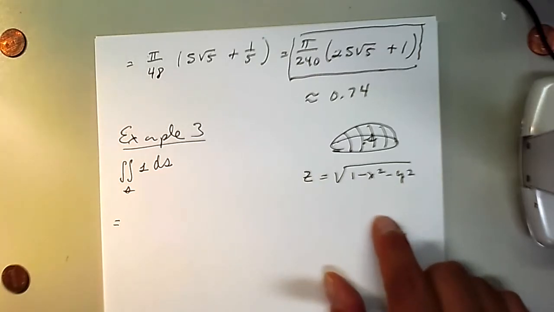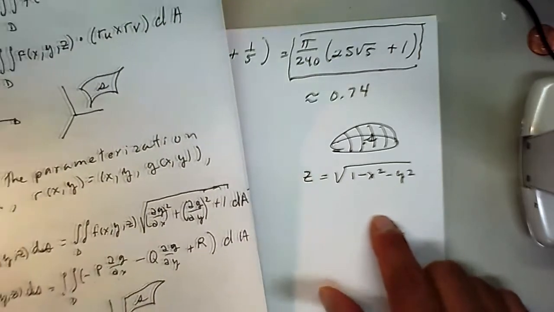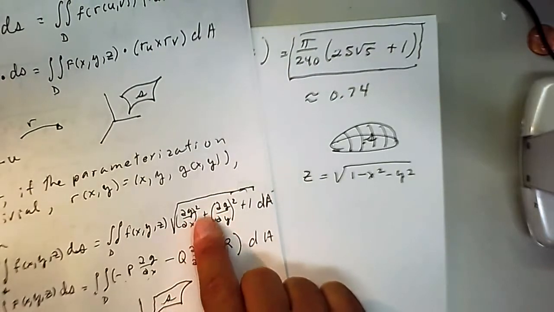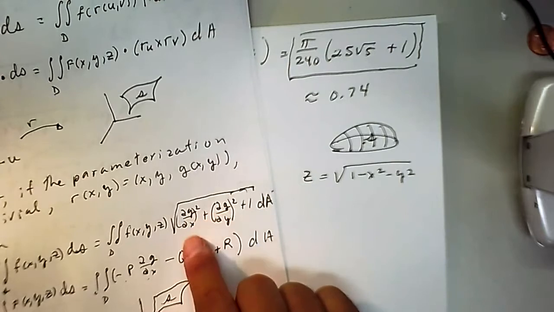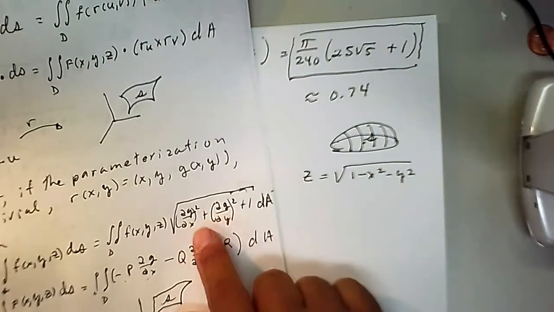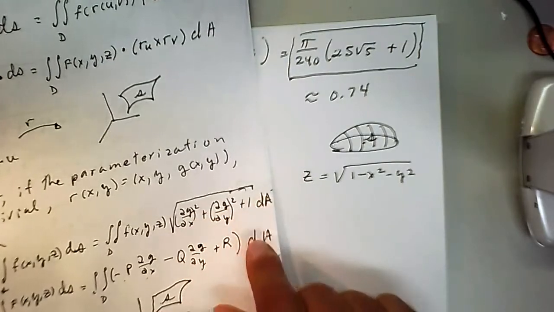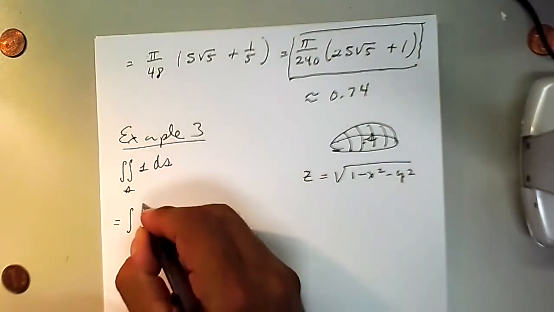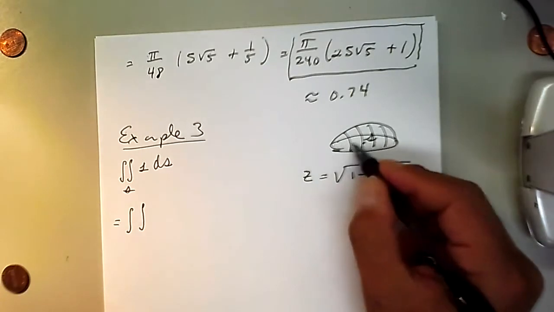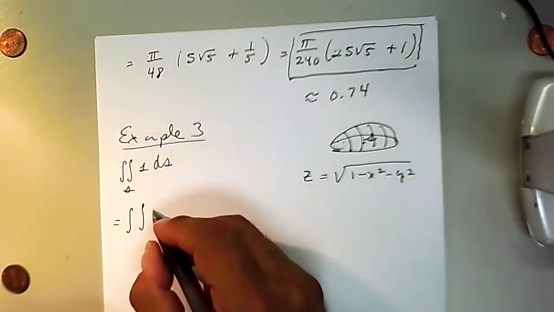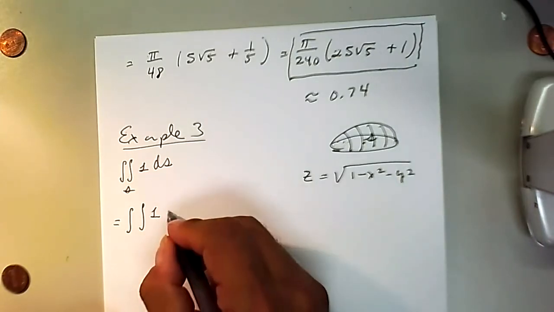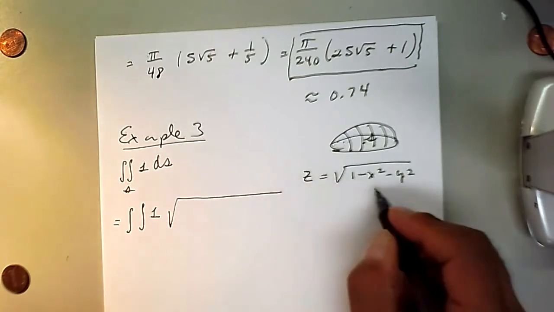And let's recall what we do with a trivial parametrization. Find derivative of that with respect to x, with respect to y, square each one of those, add 1. Okay. So this is the double integral over the unit circle, which is going to be on the bottom of 1. All right. Square root. Well, boy, this is going to get.